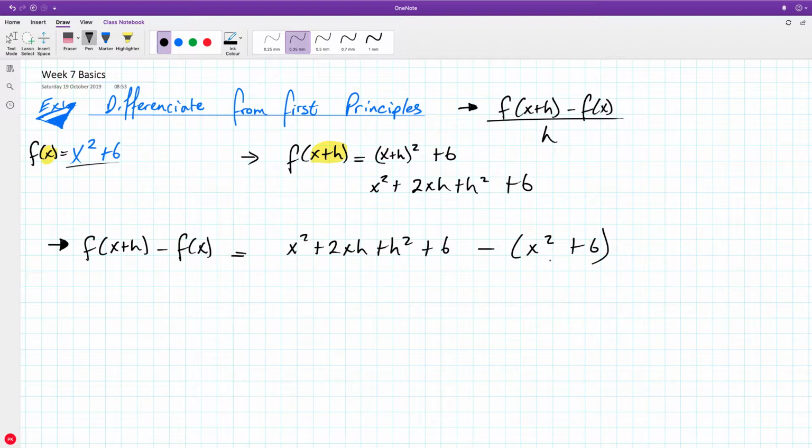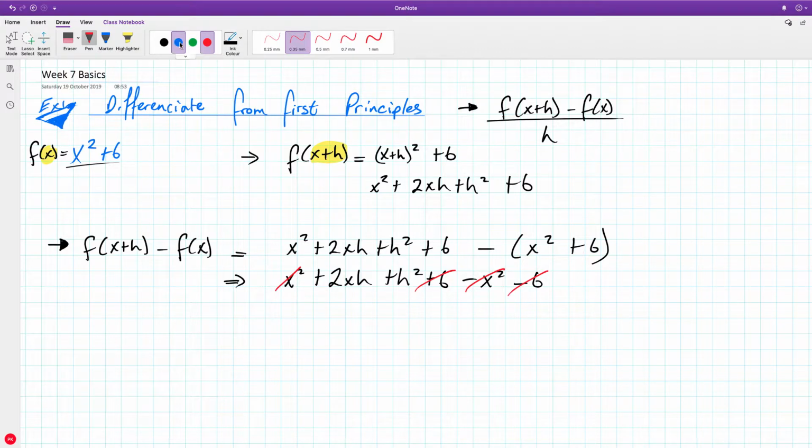Which breaks down to being x squared plus 2xh plus h squared plus 6 minus x squared minus 6. What happens then? X squared's knocked out. What else knocks out? Minus 6 and plus 6 go. So then you have 2xh plus h squared.